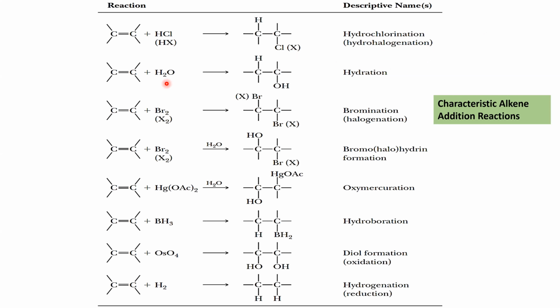Now the second reaction is when the alkenes react with the water molecule, and we know the water dissociates into H positive and OH negative. Again, this H and OH become part of the alkene, and this is called hydration.